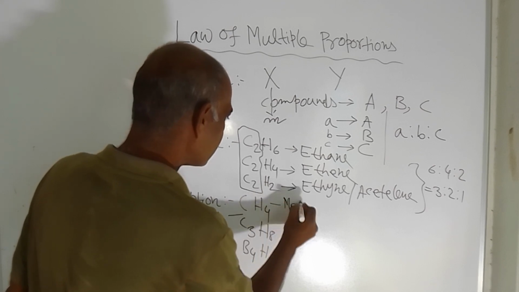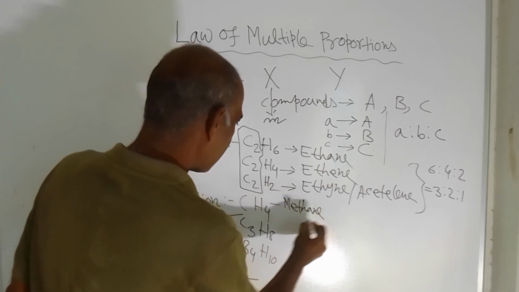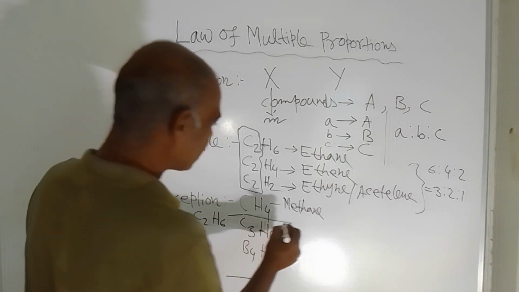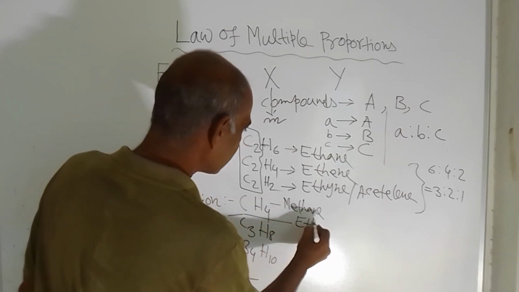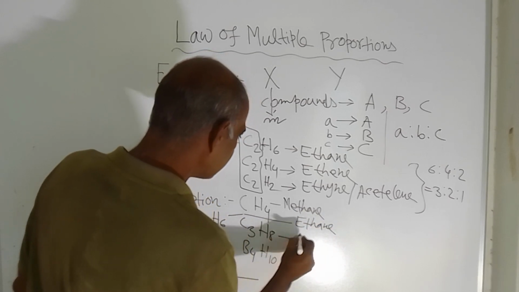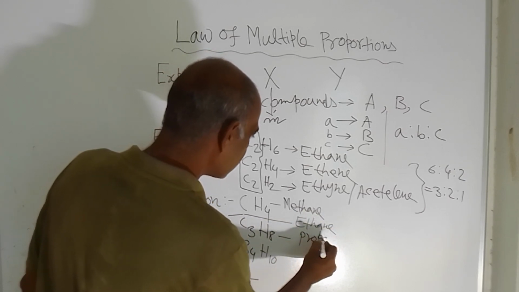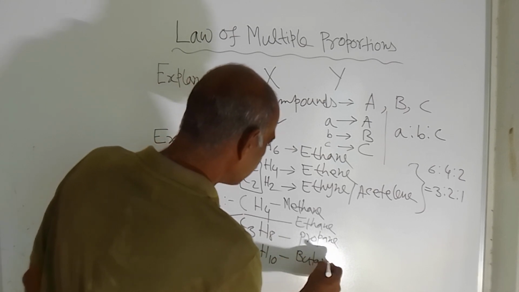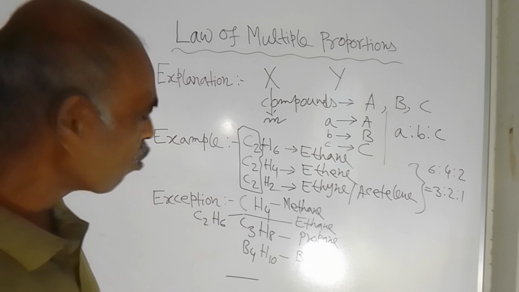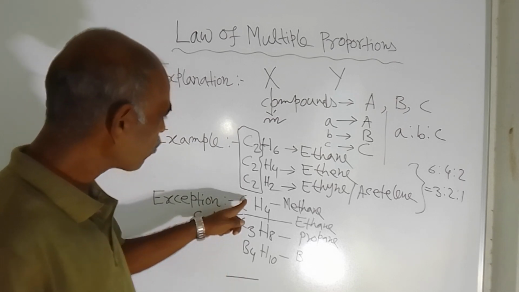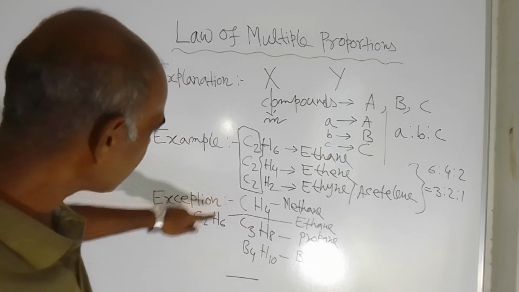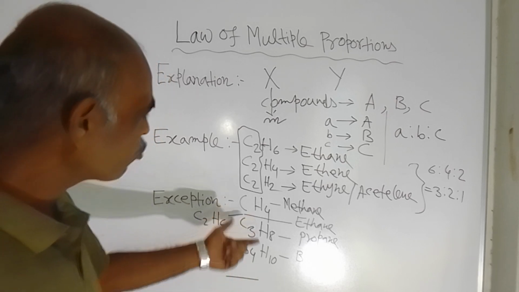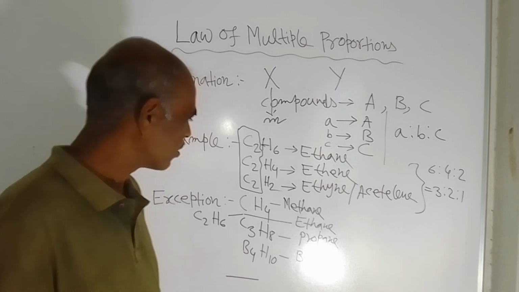This is methane, and this one, the next one, is ethane, and this is propane, and this is butane. So you can see that in all these four, the number of carbon atoms are different. Here 1 is there, here 2 is there, here 3 is there, here 4 is there. And also the number of hydrogen atoms are different.